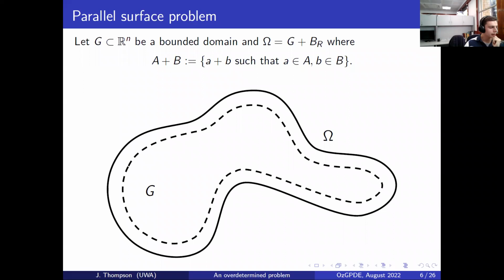What this looks like is that we have this set G, and omega is a bigger set, and the boundary of omega is parallel to the boundary of G, at a distance R from G.